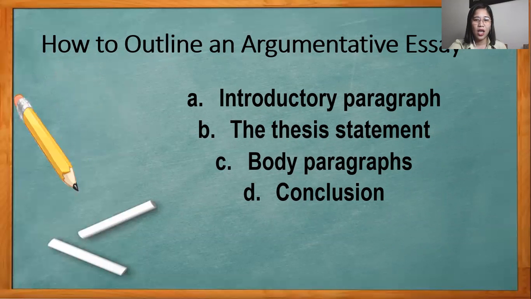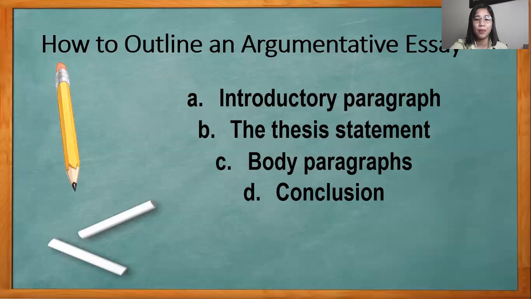Once again, when we say a paragraph, it will consist of a minimum of 3 to 5 sentences and a maximum of 7 sentences. So 5 to 7 sentences in each paragraph. Now, in the introductory paragraph, this is where our thesis statement is found. This is where our claim is found in the introductory paragraph.